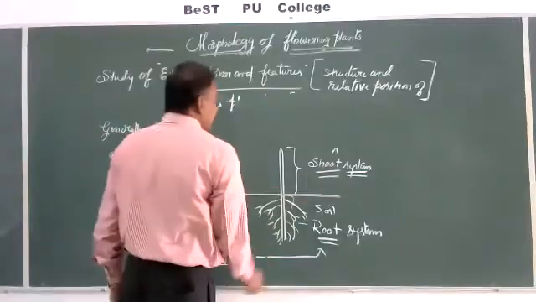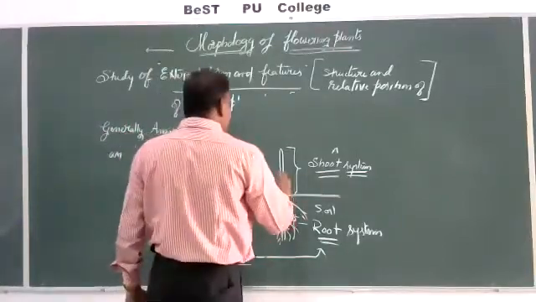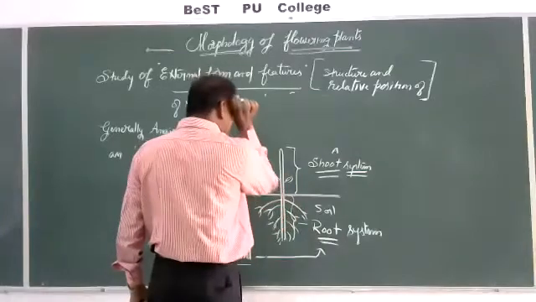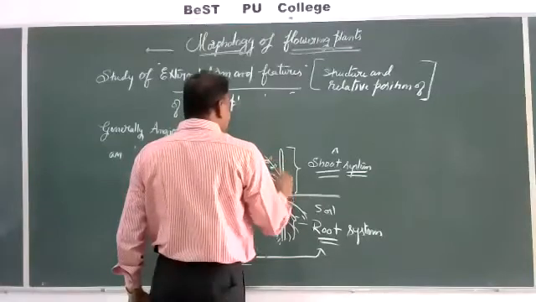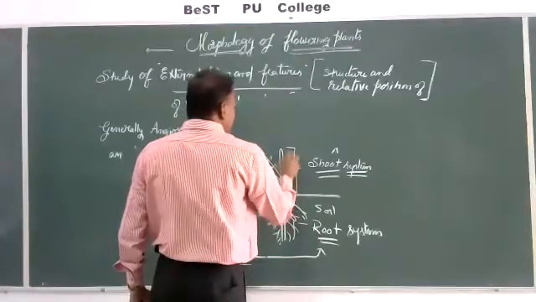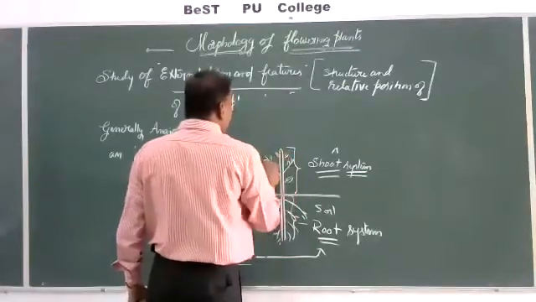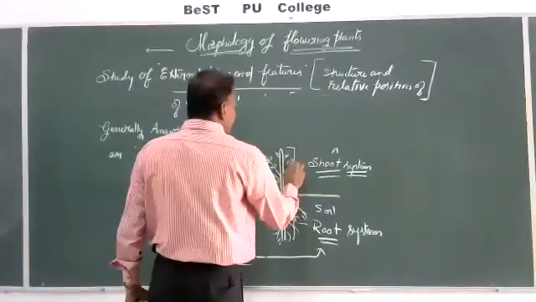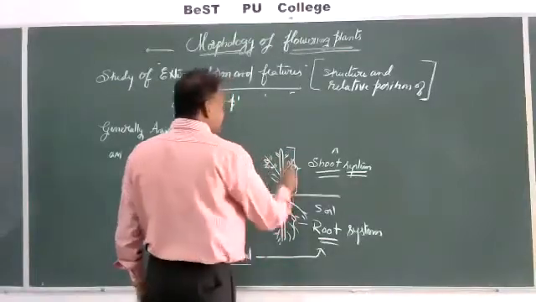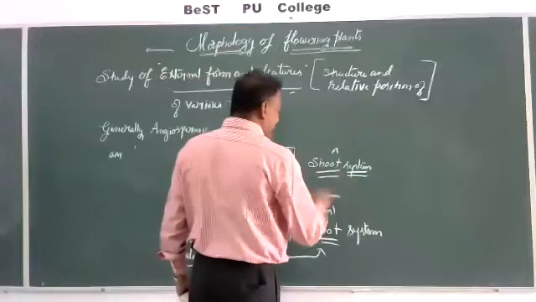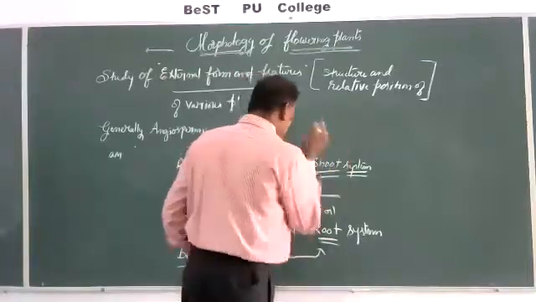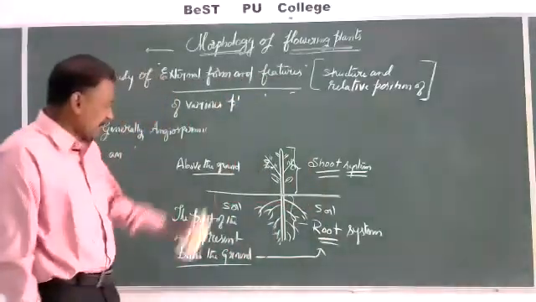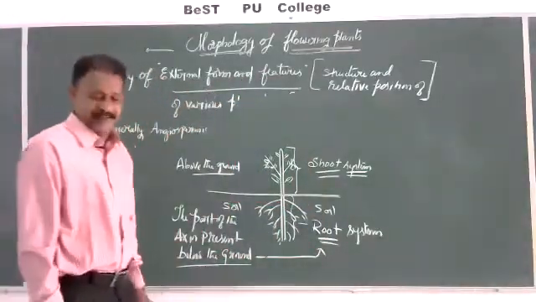Shoot system consists of lateral appendages like leaves, branches, and the branches also have leaves, flowers, fruits, seeds. So the total is called the shoot system. Above the soil, below the soil.